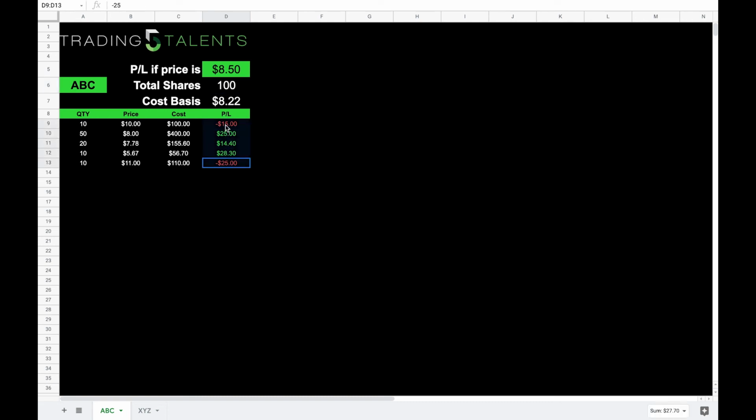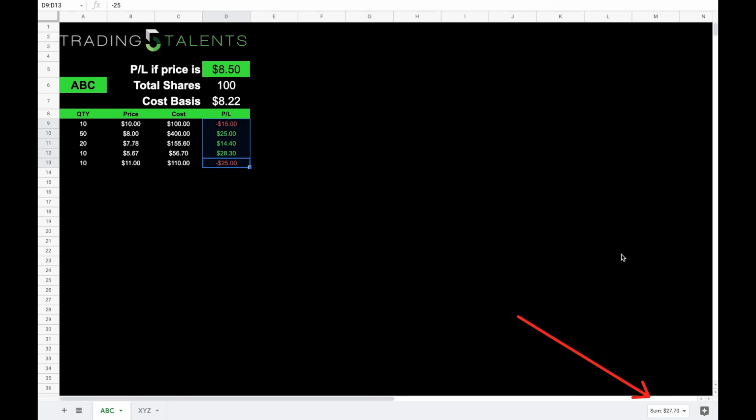So I can sum that up just by selecting all of them and highlighting all of them. And then down here in the corner, it gives you the sum. So I would make $27.70 if I sold these shares at $8.50 a piece. And I would keep the premium for selling this covered call. So this is how I use it to know what I need to sell my covered calls at.